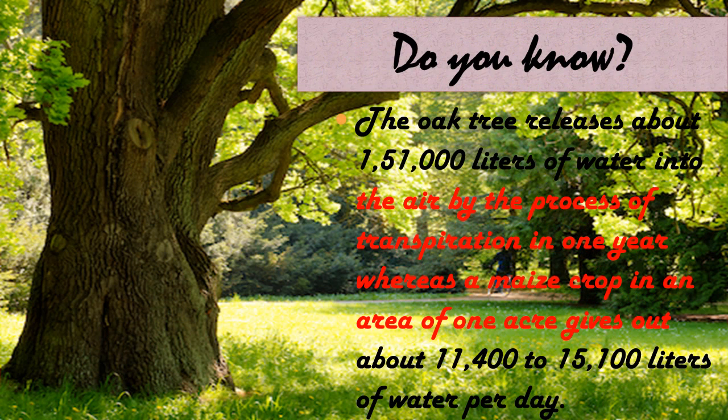Do you know, an oak tree releases about 1,51,000 liters of water into the air by transpiration in 1 year, whereas a maize crop in an area of 1 acre gives off about 11,400 to 15,100 liters of water per day. So this much water is released from the oak tree and maize.